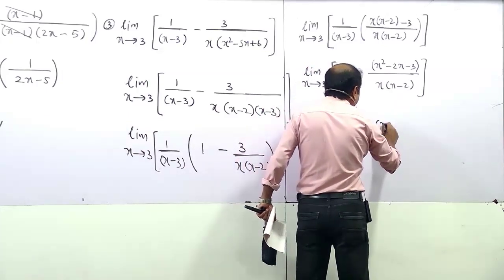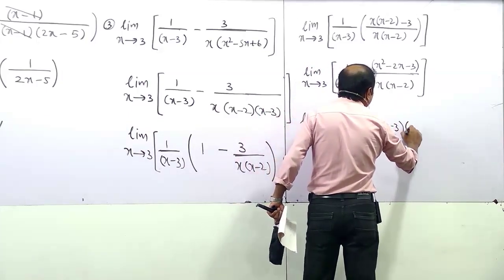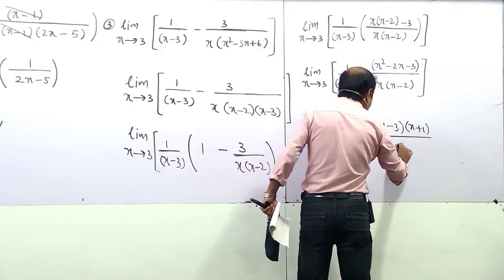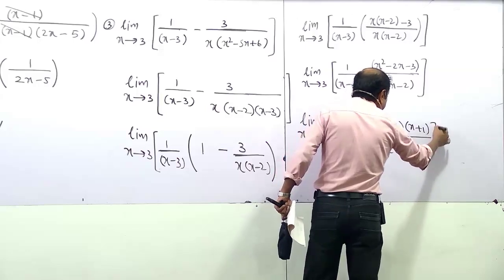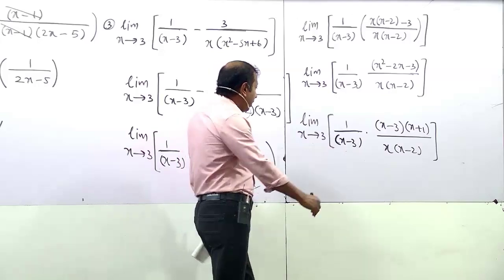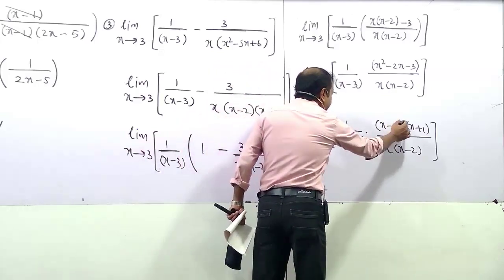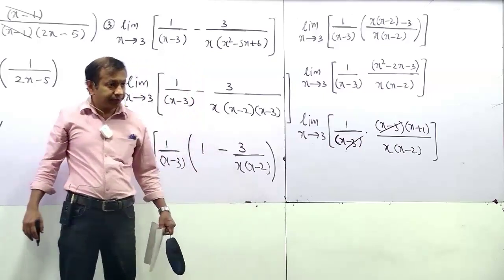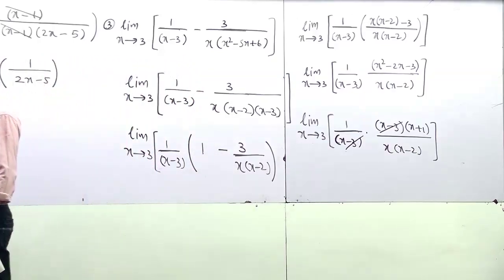What do you get? x minus 3, x plus 1, over x times x minus 2. Now only we can cancel down these ends. The next line, substitute x equals 3.